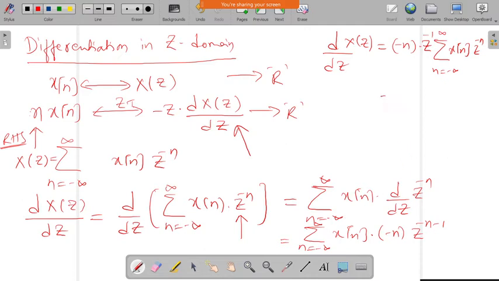So, now this z power minus 1 we can send this side, so that it will become z into d by dz of x of z, and minus I will take this side. Then what is remaining? n into summation n equal to minus infinity to plus infinity x of n into z power minus n.